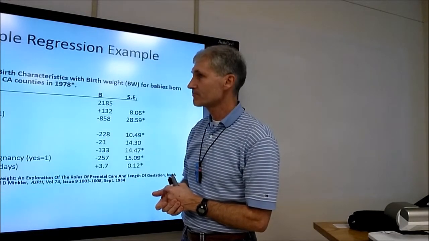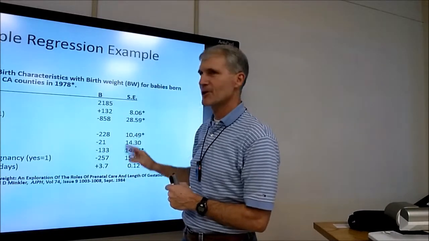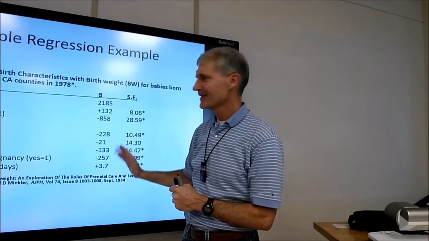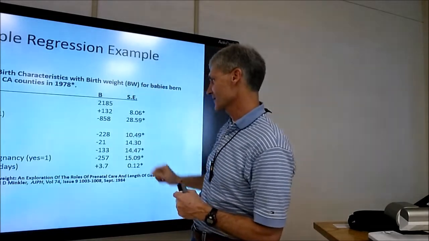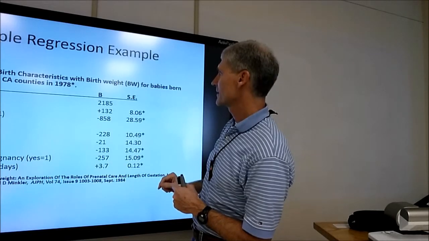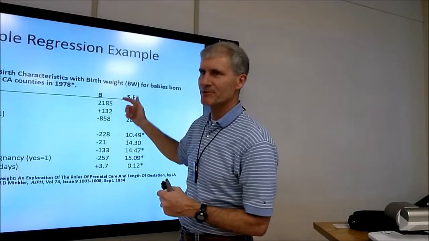So you start with the intercept, 2185. Now these aren't pounds, they're not elephants, so I think they are grams. Does it say on here? It does not say, but I think those are grams.